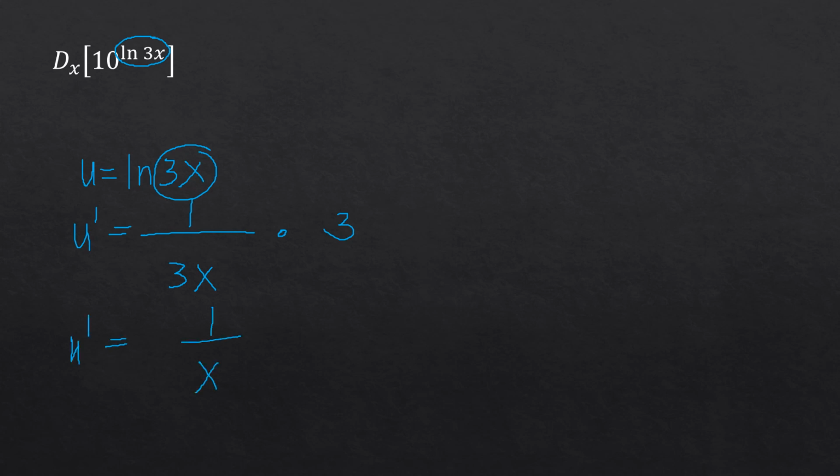Now in this case, this will now be written into the derivative of 10 raised to u, and that will be 10 raised to u ln of 10 using the rule of exponent times the derivative of u, and that will be 10 raised to ln of 3x.